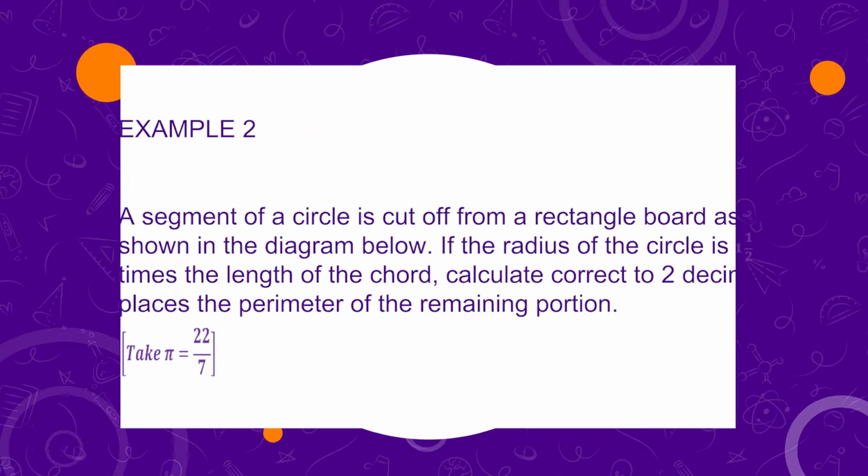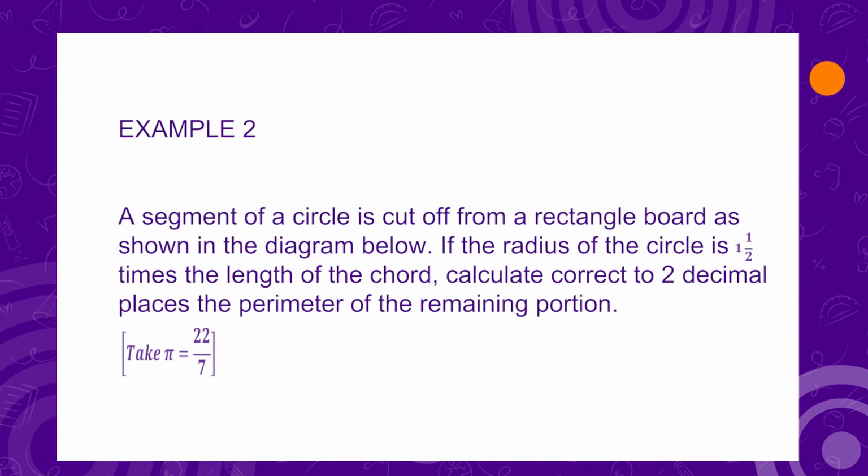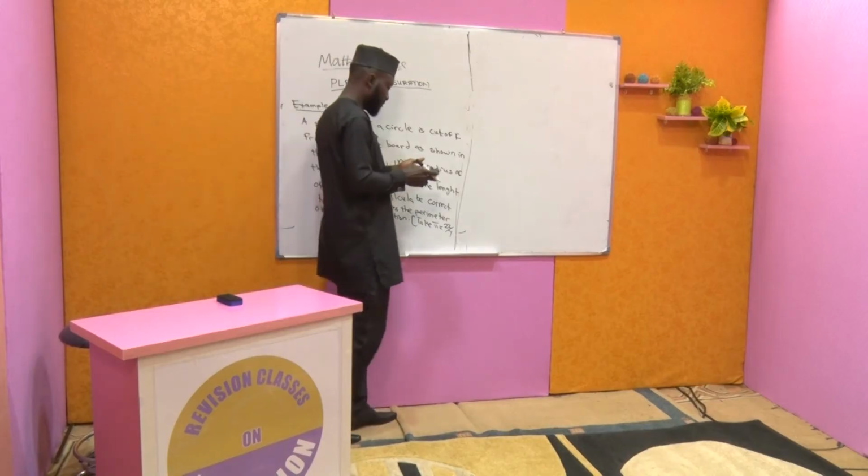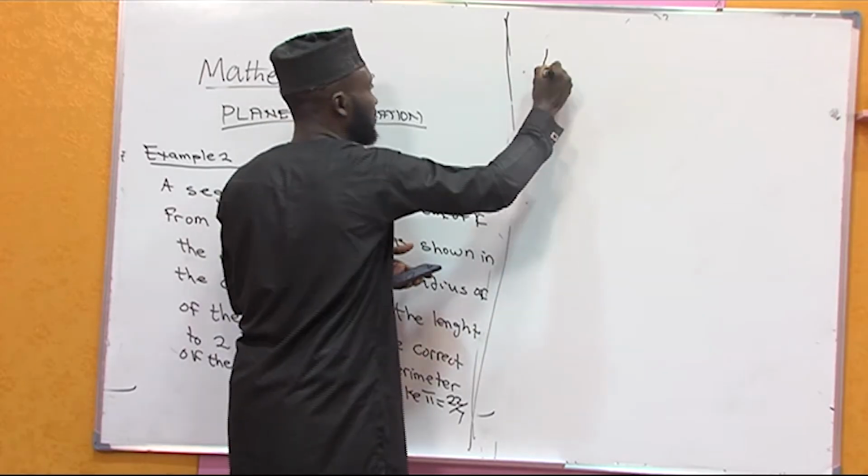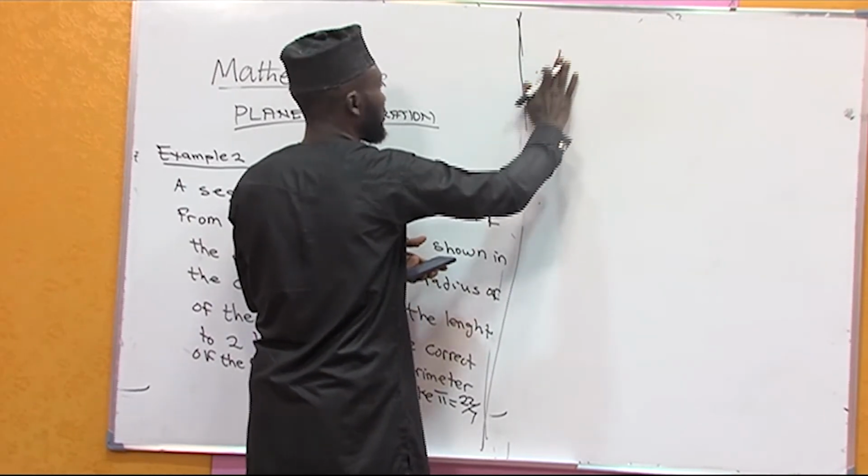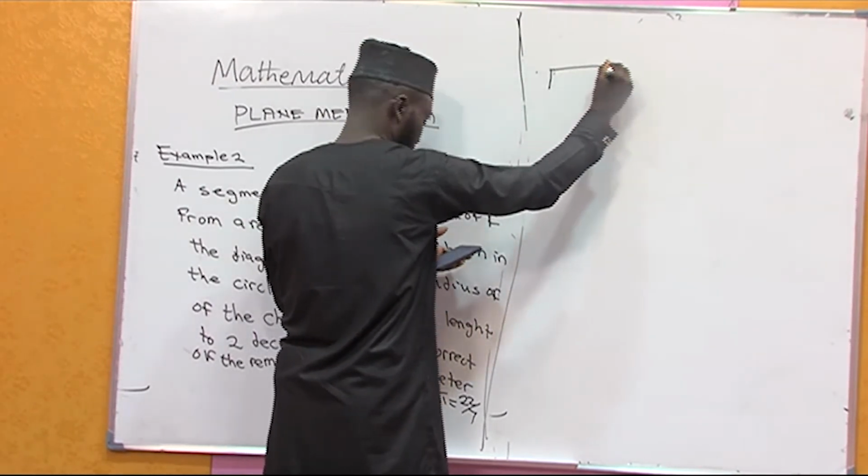Take pi to be equals to 22/7. And we are given this diagram. This is the diagram they are talking about.